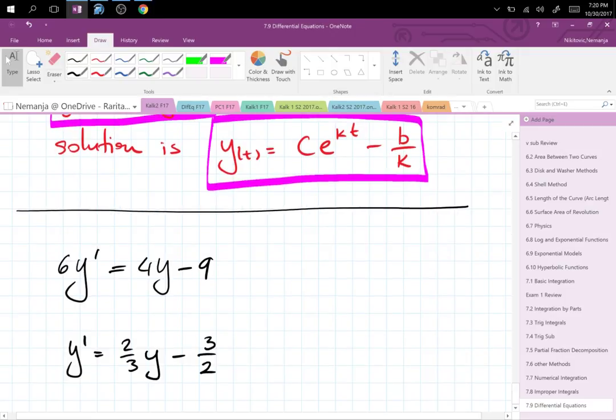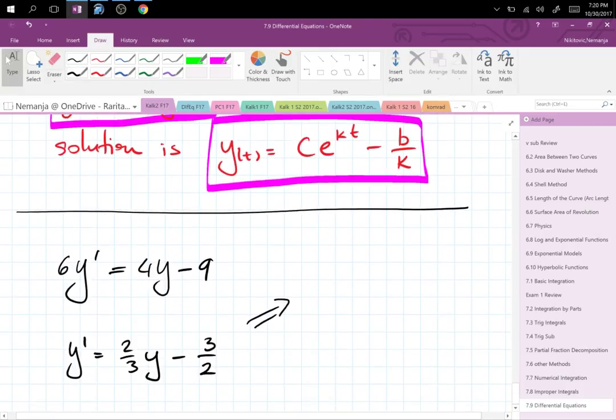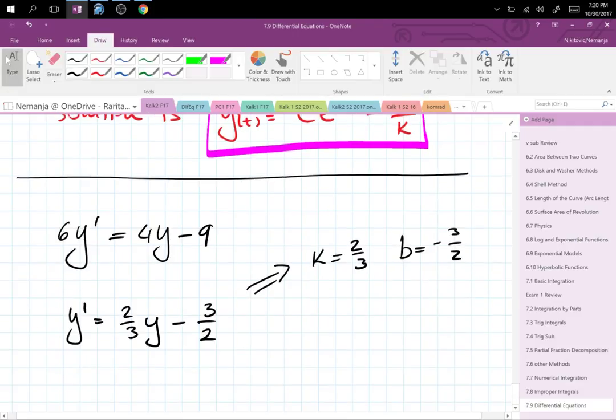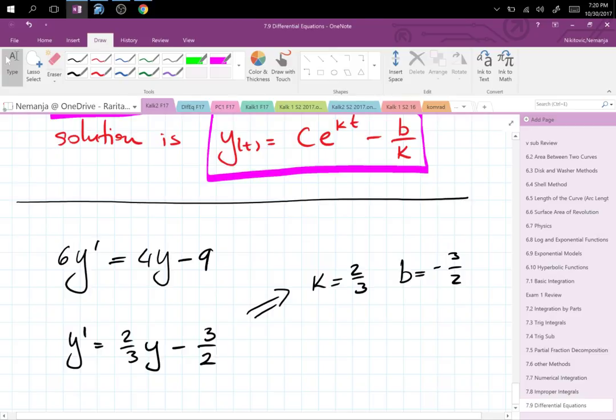And now, from here, it's easy to pick that k is 2/3 and b is negative 3/2. And now when you plug all of this in the equation, the solution just emerges.